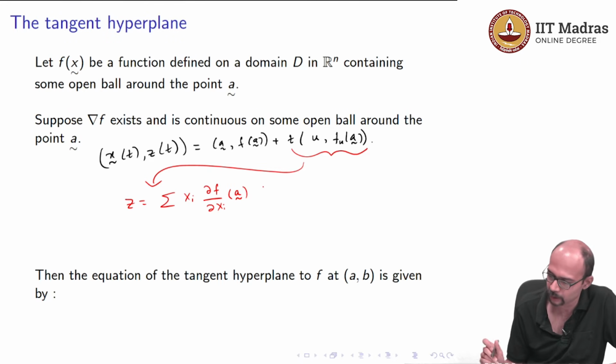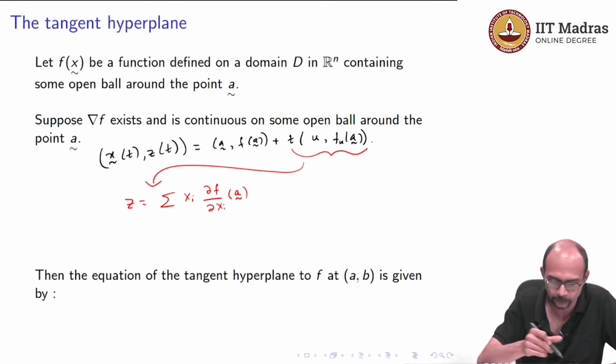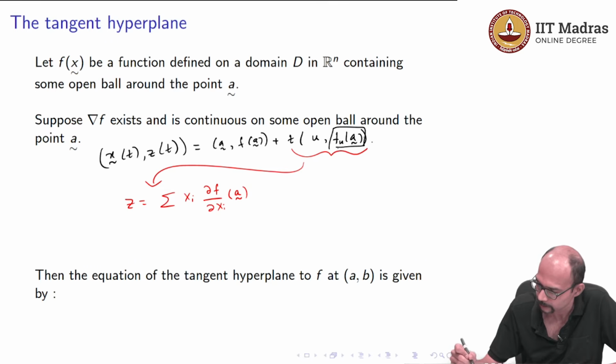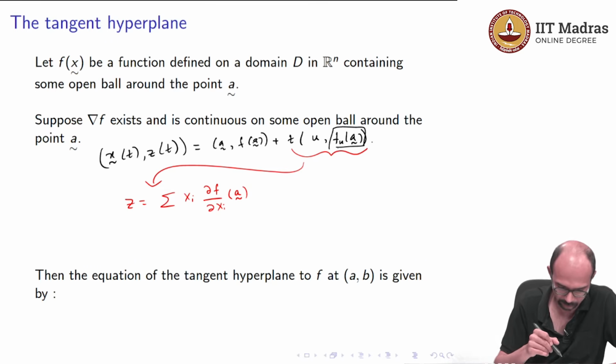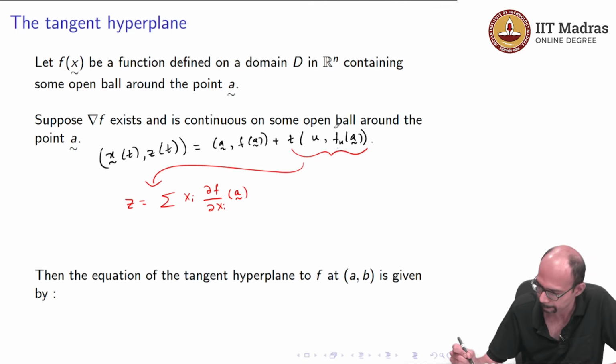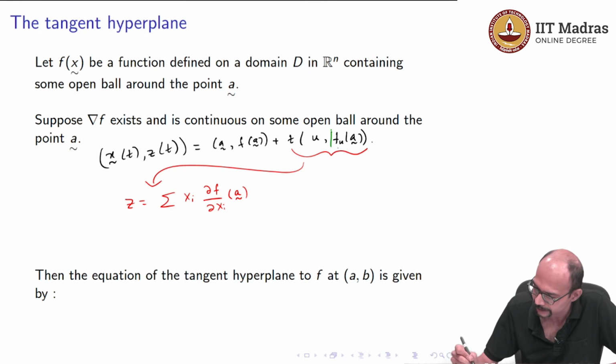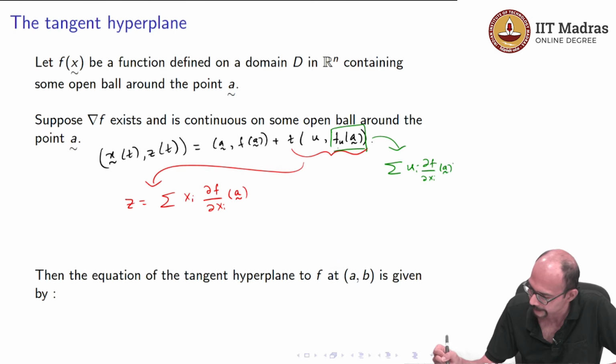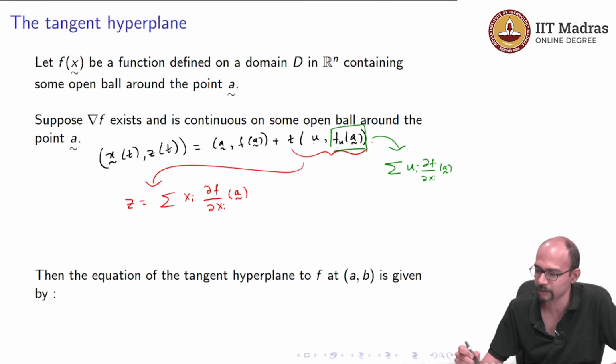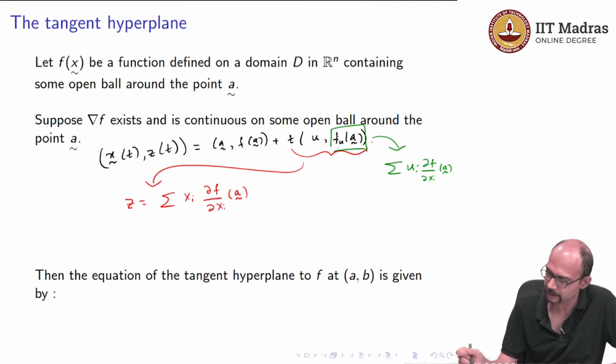This is what it satisfies, because fu of A tilde is what it is. Just to emphasize, fu of A tilde is equal to the summation of ui times del f del xi at A tilde, and these ui's are exactly what come in the first n coordinates. So, that means the n plus 1th coordinate, which we called z, is the summation of xi times del f del xi at A tilde.